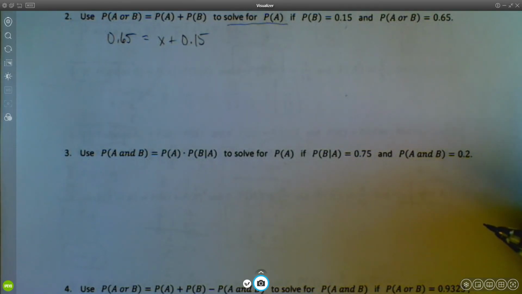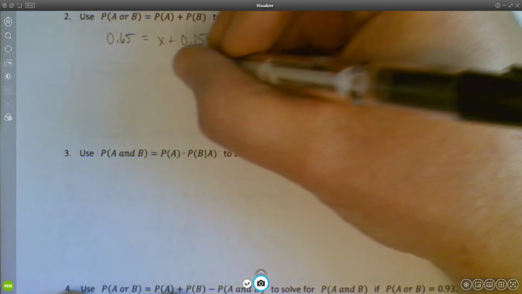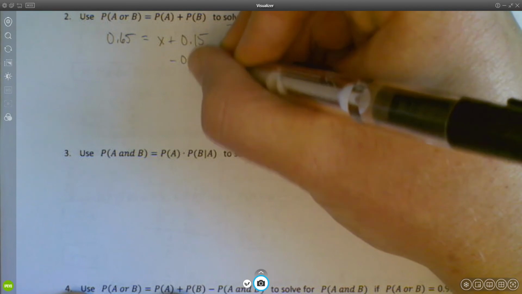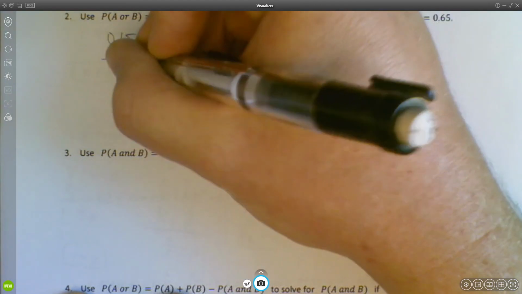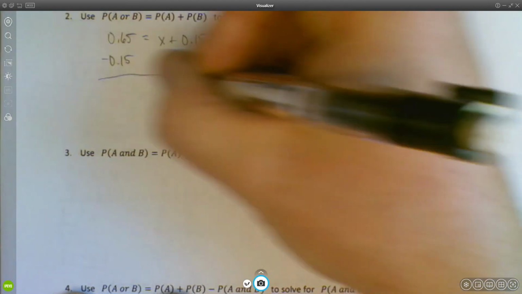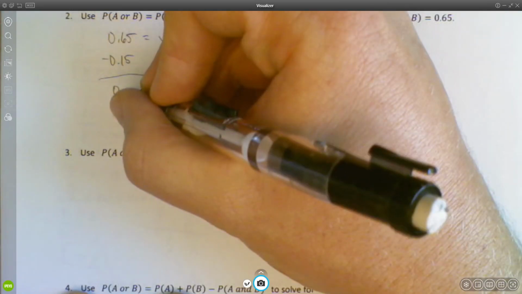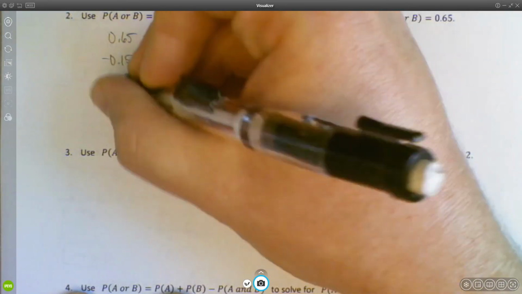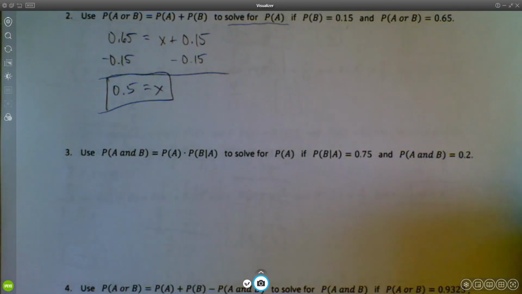So I can solve for probability of A by subtracting 0.15. You can go ahead and punch that into your calculator, but I think you're going to get 0.5 equals x. Okay, so there's number 2.